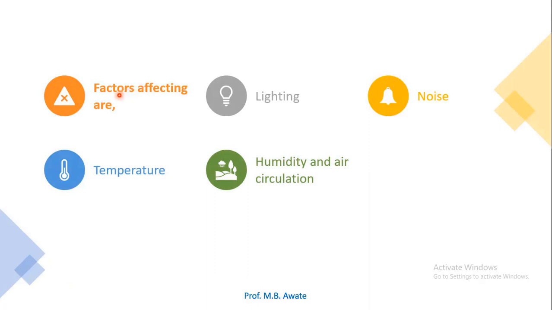Factors affecting the working efficiency are lighting, noise, temperature, humidity and air circulation. Suppose there is no sufficient light. Generally, most of the time a person depends upon sunlight.